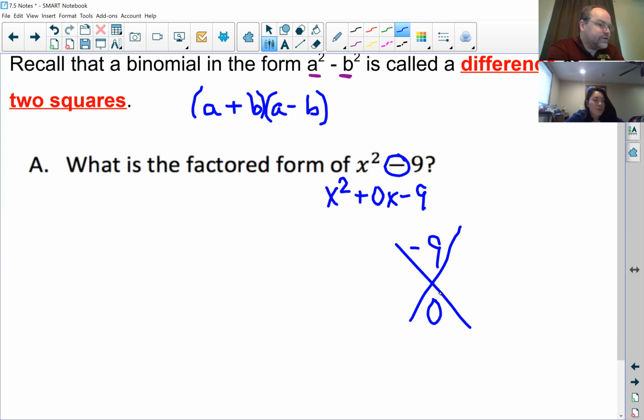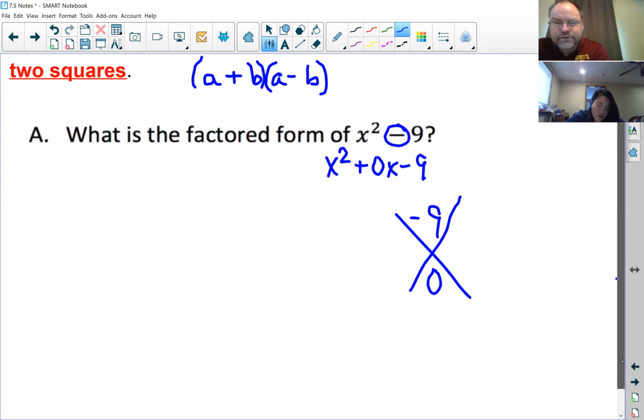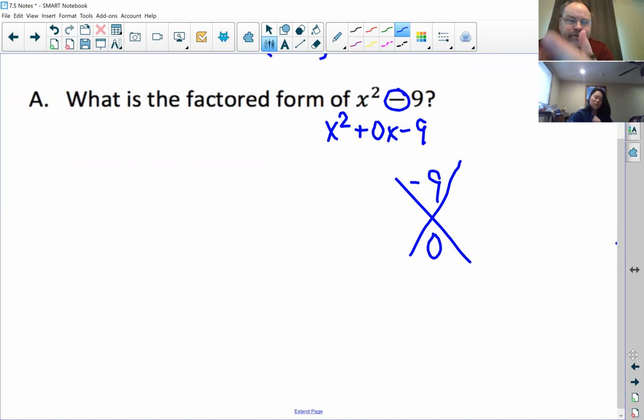The only way two numbers can add to 0 is if they are exactly opposite. So find what number, when I multiply it by itself, gives me 9. I'll give you a hint, it's 3.